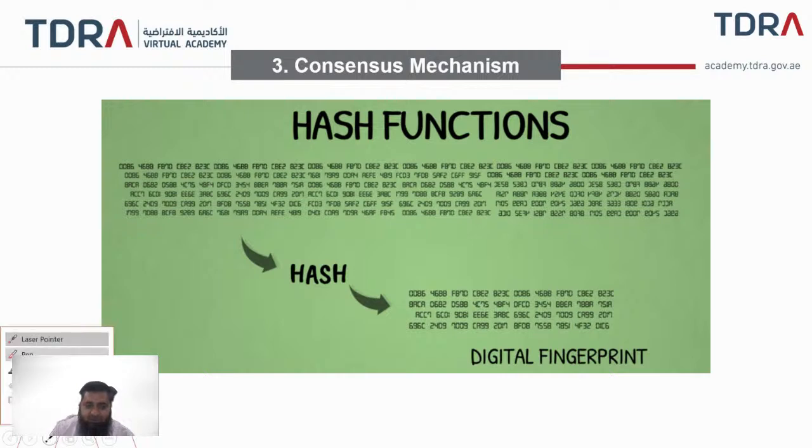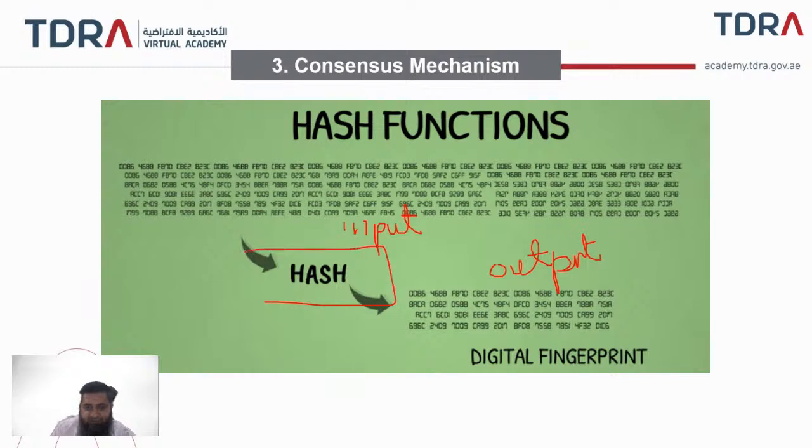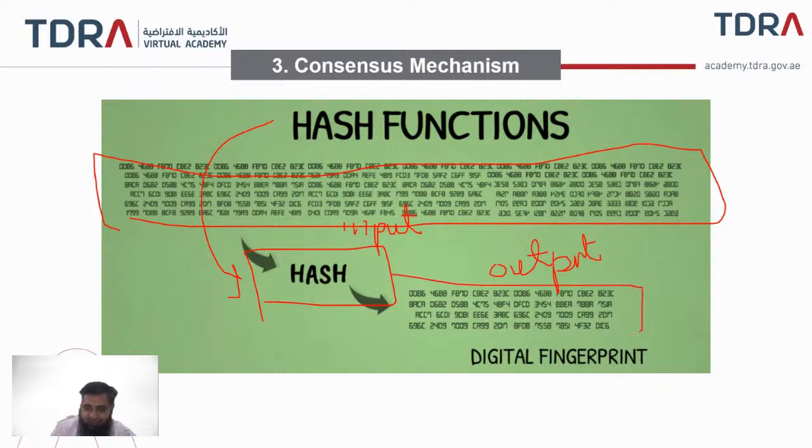So here we say this is input and this is output, and between that there is a hash function which is going to convert this big input into that small output, and this small output is also called a digital fingerprint.